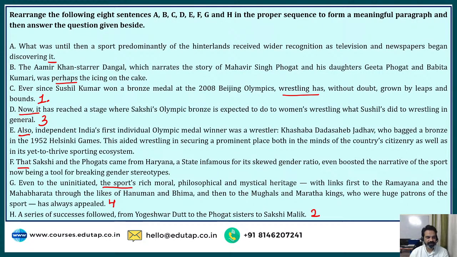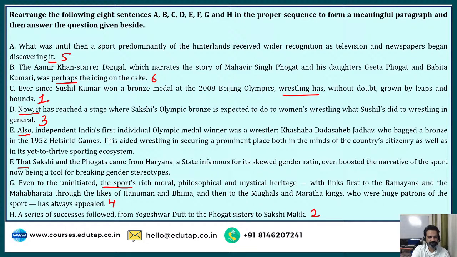Right after that, then he comes to the present now. What was until then a sport predominantly of the hinterlands received wider recognition as television and newspapers began discovering it. Correct. Then Aamir Khan starred in Dangal, which narrates the story of Mahavir Singh Fogat and his daughters, Geeta Fogat and Babita Kumari, was perhaps the icing on the cake.